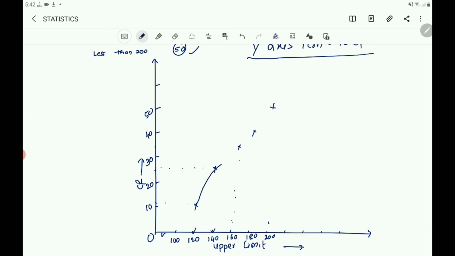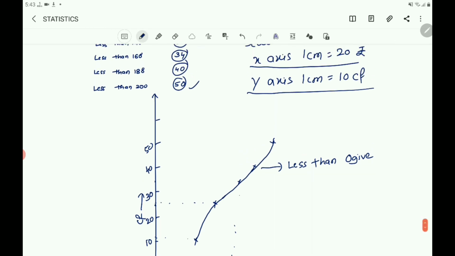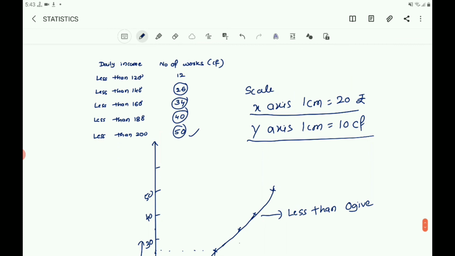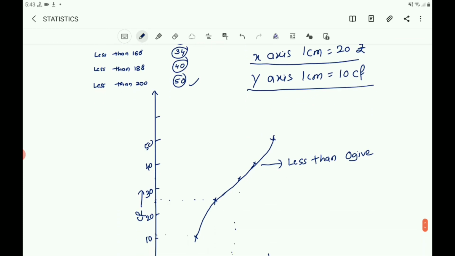You will get a curved line. This is the less than type ogive. In this way, without using the graph sheet also, you can draw the ogive by taking two perpendicular axes on a plain sheet.